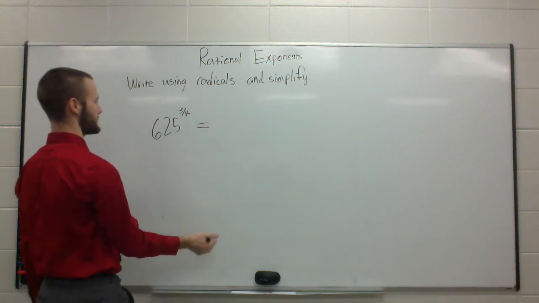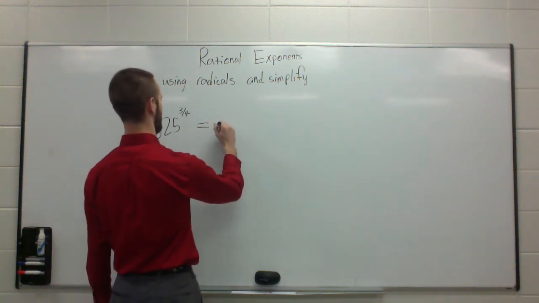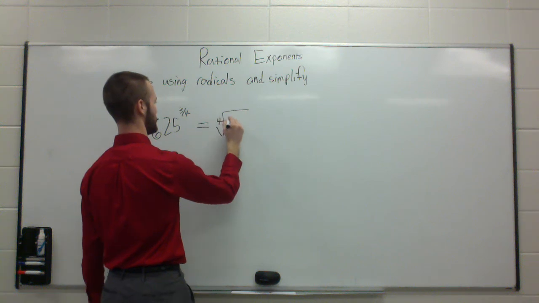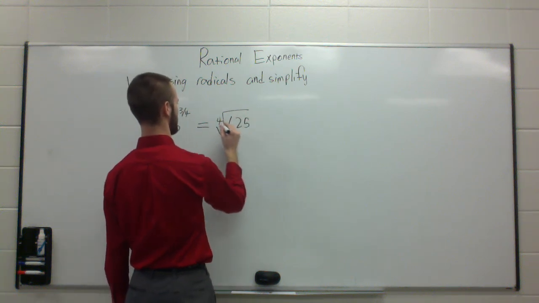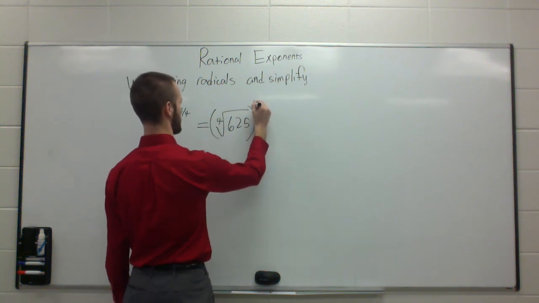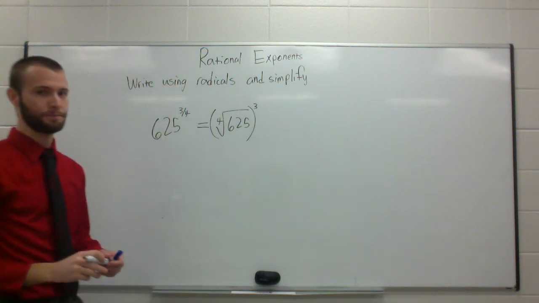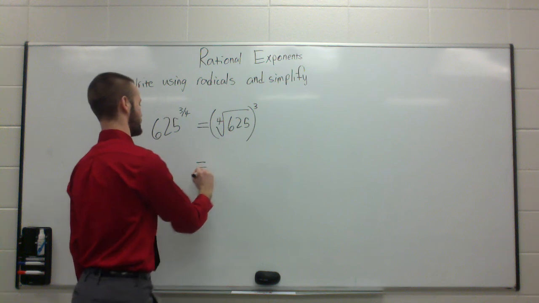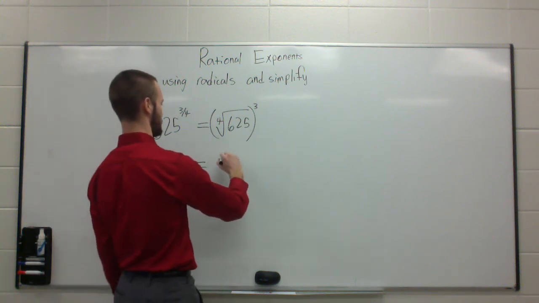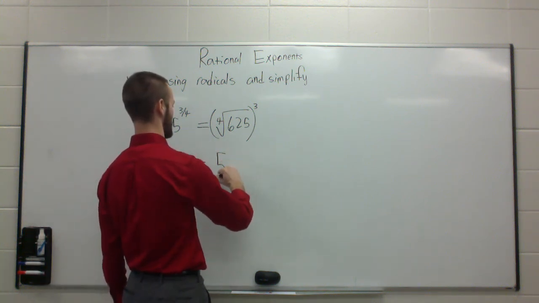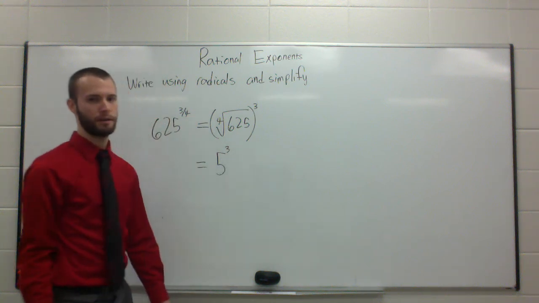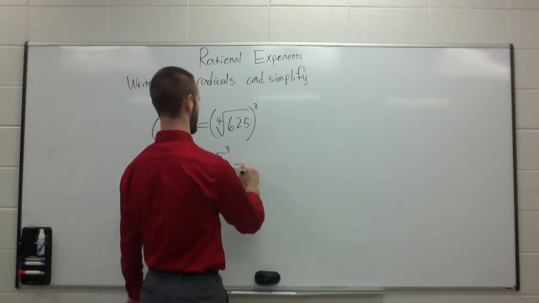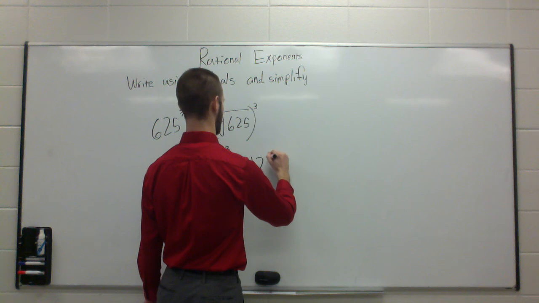So again, this is the same as the 4th root of 625 to the 3rd power, right? The fourth root of 625, and it's okay if you need a calculator for this one, but that's going to be 5. So this is 5 to the third power. And then 5 to the third power is 125.